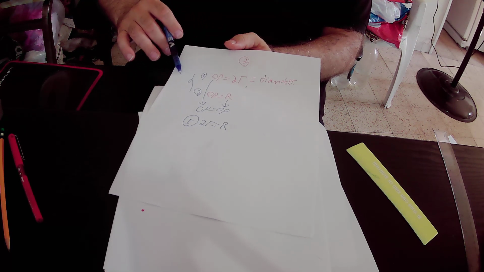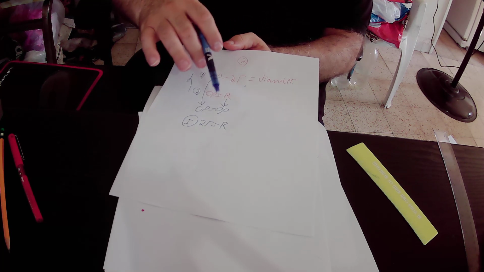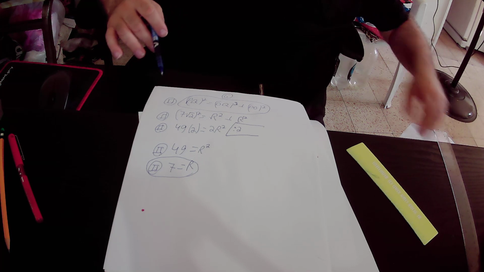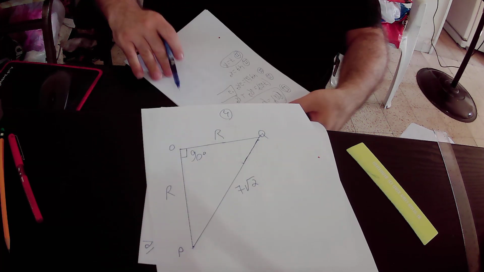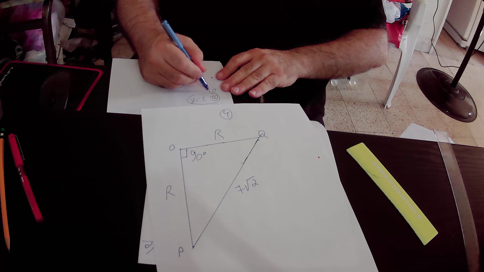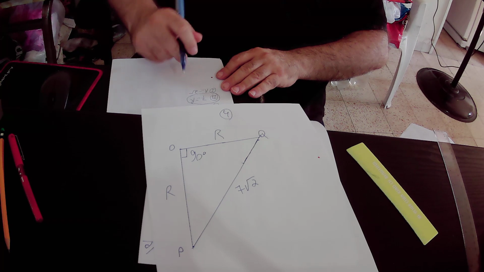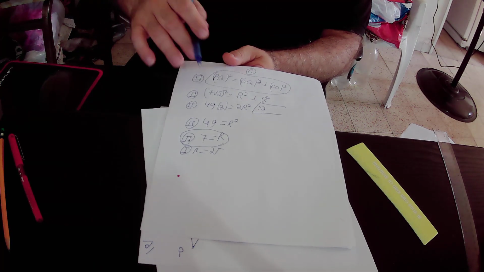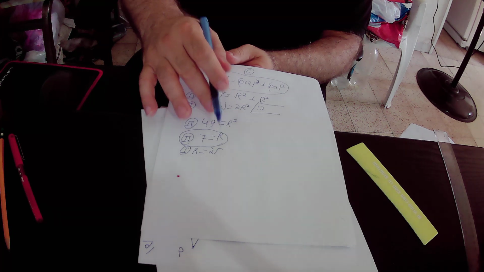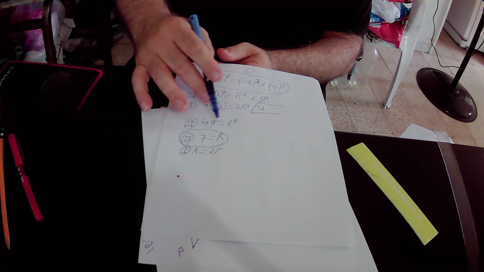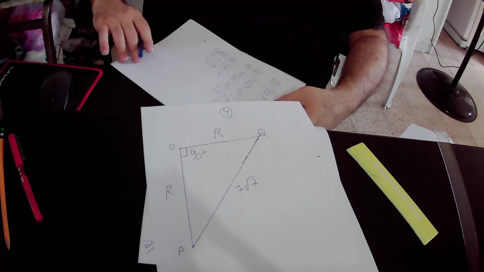So R equals 2r, so I write the equation number 1 again. So according to equation number 1, capital R equals 2 times small r. So we can substitute capital R by 7, because capital R equals 7.